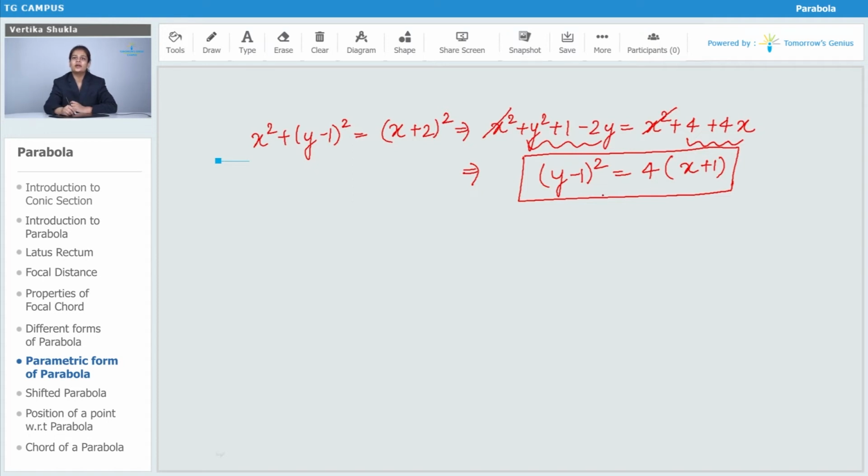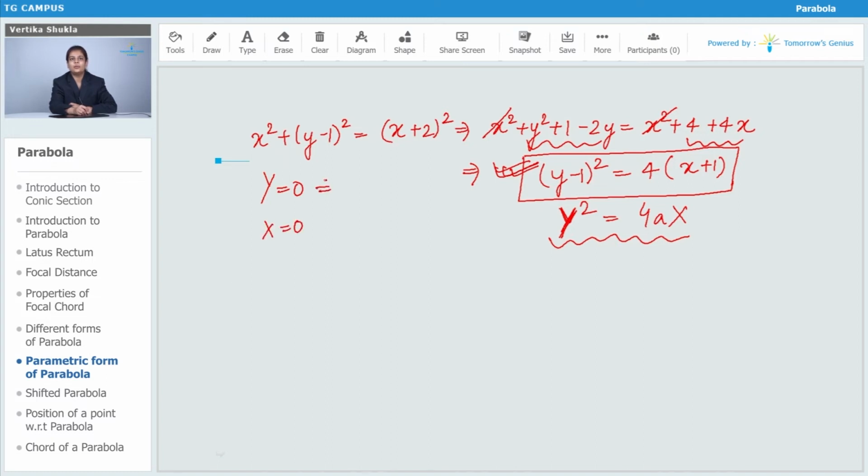Now what is the vertex of this parabola? If I take this as capital Y square equals 4a capital X, this equation resembles the standard parabola. The only change is that the vertex of the parabola y square equals 4ax is at (0, 0). But the vertex of this parabola will be given by capital Y equal to 0 and capital X equal to 0.